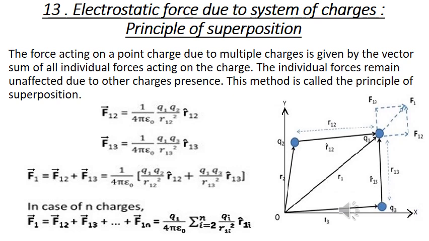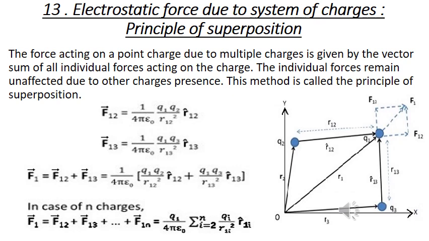Therefore, according to Coulomb's law, we can write the force on charge Q1 due to Q2 is equal to 1 by 4 pi epsilon naught Q1 Q2 upon R12 square R12 cap. Similarly, the force acting on Q1 due to Q3 is equal to 1 by 4 pi epsilon naught Q1 Q3 upon R13 square R13 cap.